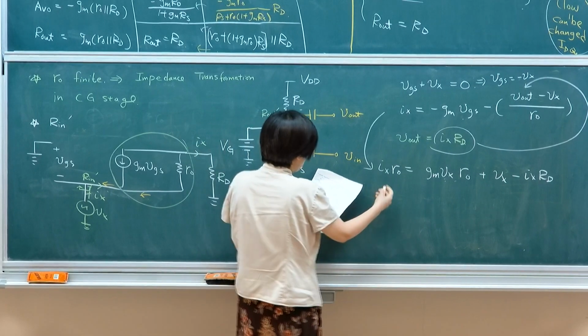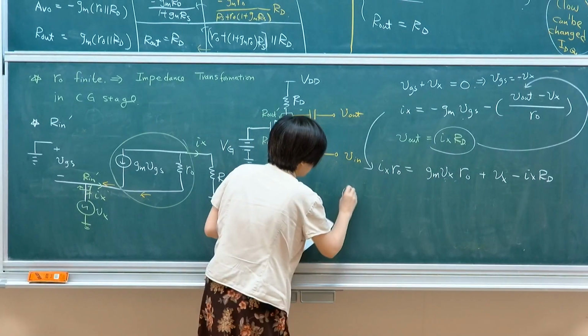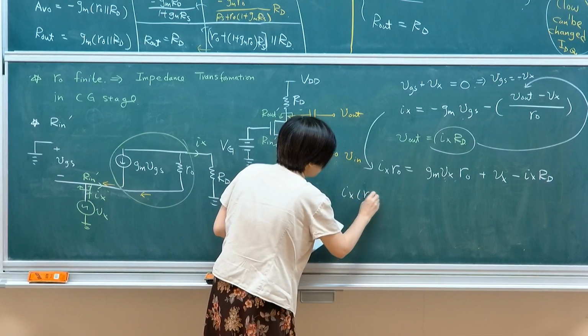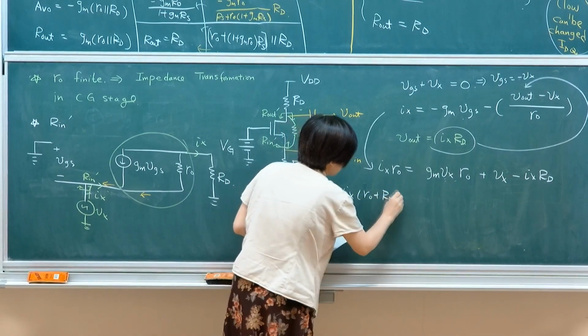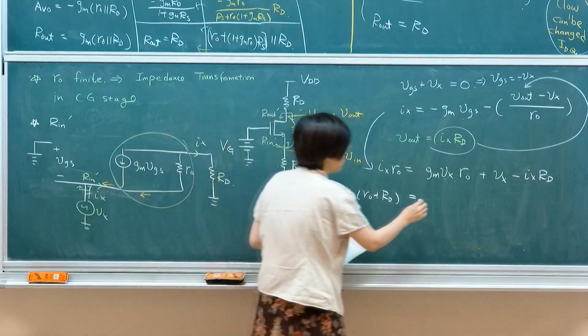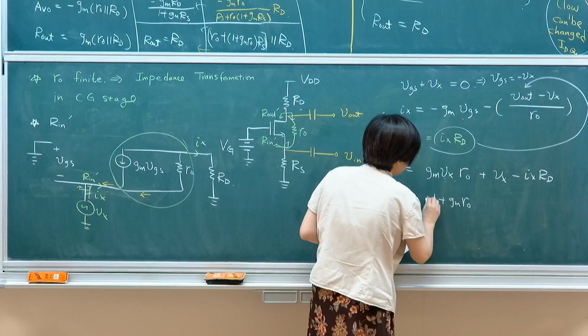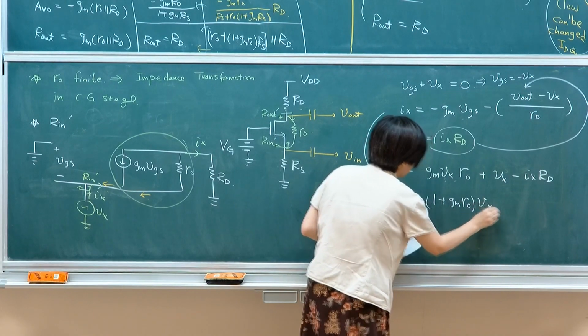Then we rearrange all the terms with Ix on the left, which is RO plus RD, and all the terms with Vx to the right, which is (1 plus gm RO) Vx.